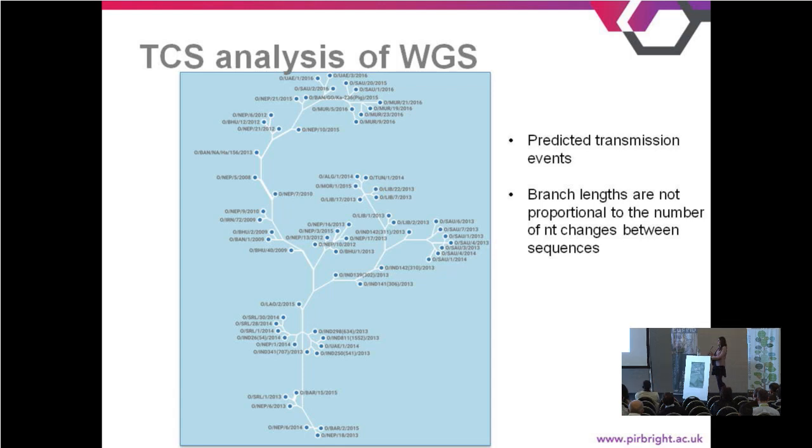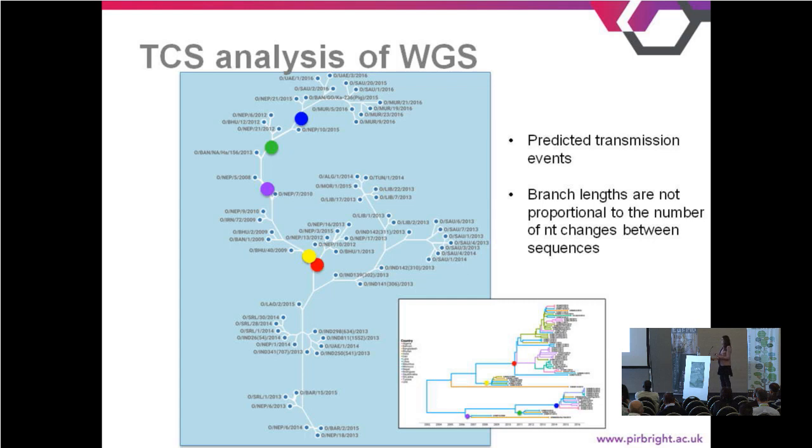In this projection of the tree, the length of branches is not proportional to the number of nucleotide changes within the sequence. However, the major groupings as compared to the whole genome sequence tree remain the same. So sequences group together similarly to the full genome sequence data.